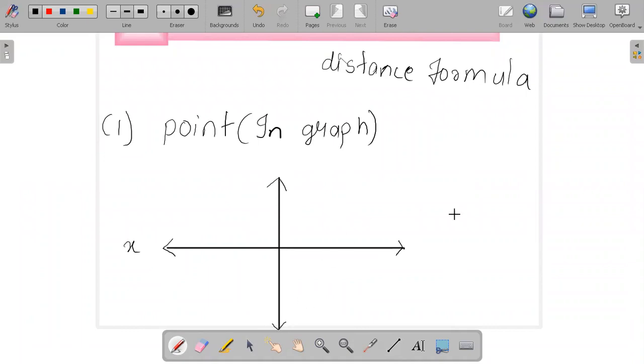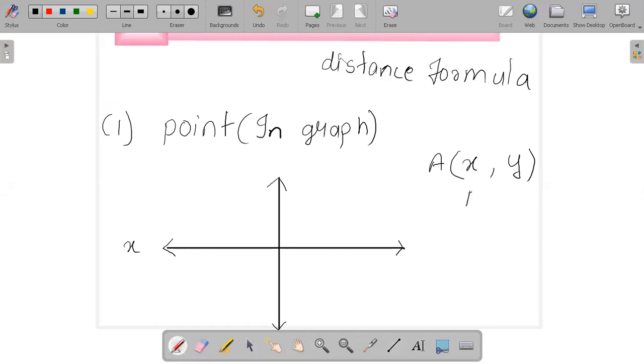Suppose I want to take point A anywhere on this graph. Yes, correct. So it is of the form x comma y. Any point A will be of the form x comma y.